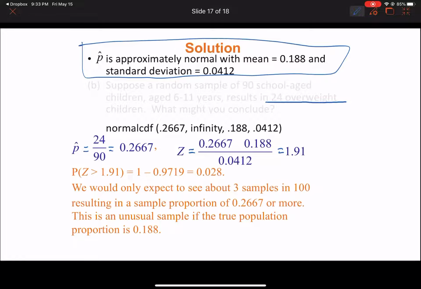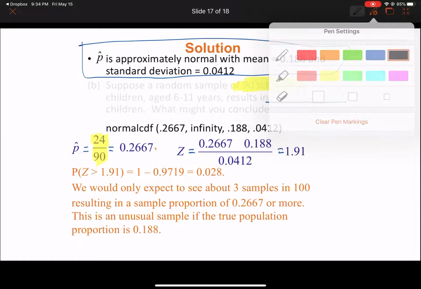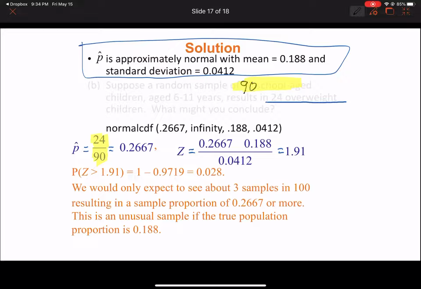Once you have a sample, and we have found our mean and standard deviation, our sample size was 90 school-age children, and 24 were overweight. We want to know what we can conclude from that.